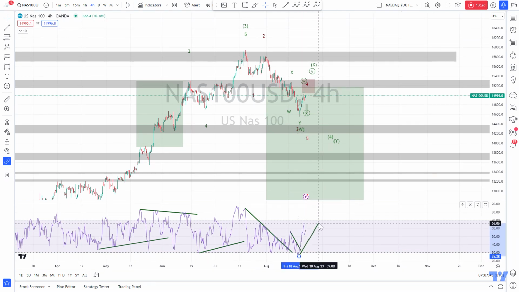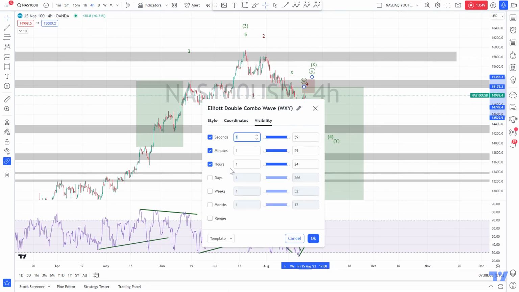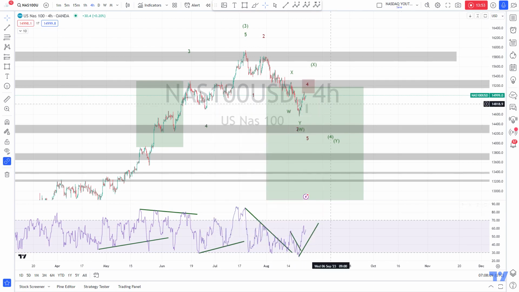So what could happen is, something like this, we go a bit more down into this area, down here, but then we continue our upward movement till we reach a level where the wave X can end. So this would be my expectation for the Nasdaq.